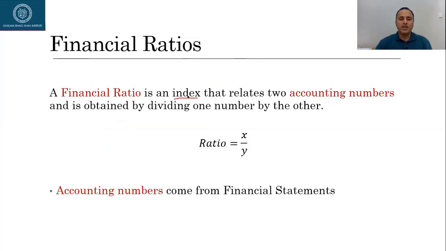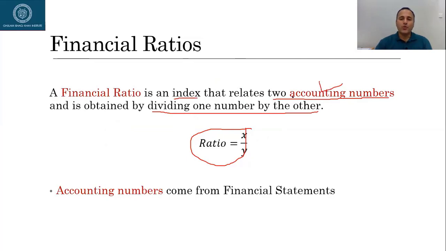How do we get this index? By dividing one accounting number by another. So it has a numerator and a denominator. But a financial ratio, as you can see from the definition, relates to accounting numbers.